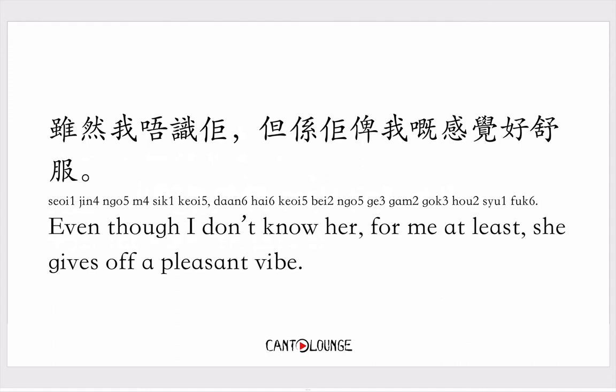Or maybe imagine you're about to meet that person and you're saying to your friend who's nearby 雖然 even though 我唔識佢 I don't know her 但係 but 佢俾我嘅感覺 the feeling that she gives me, right, 佢俾我 she gives me the feeling. Again, another nice relative clause, don't forget the 嘅. 好舒服 very comfortable. Okay.